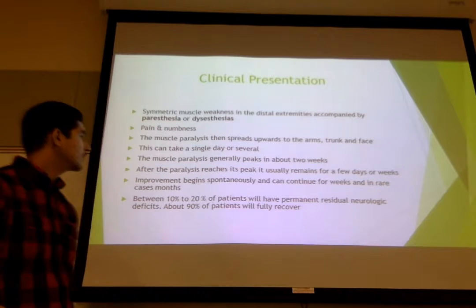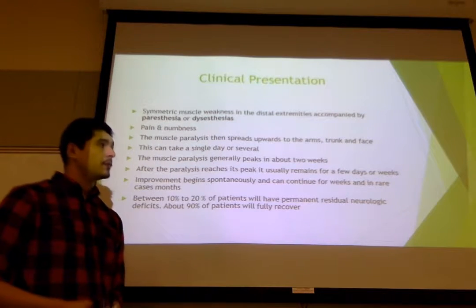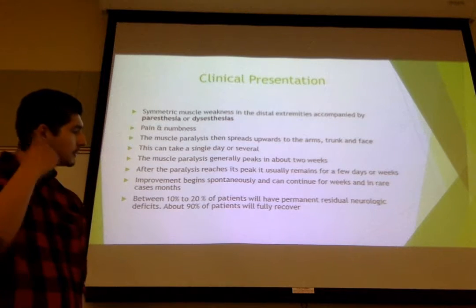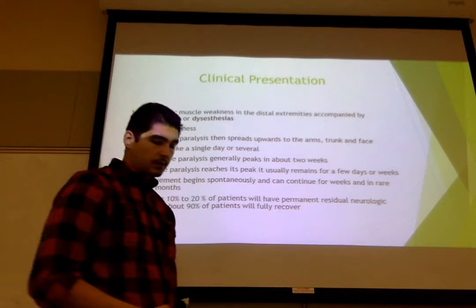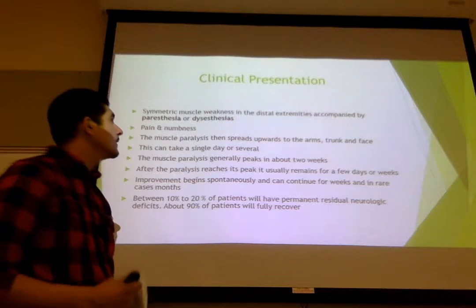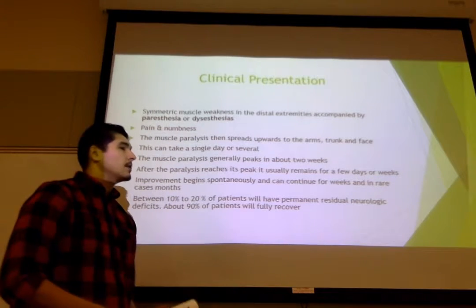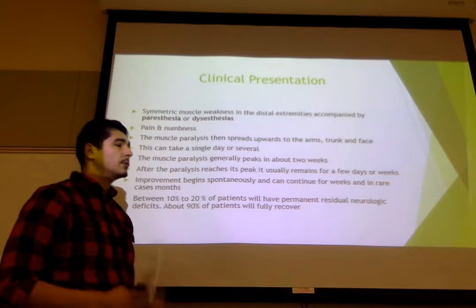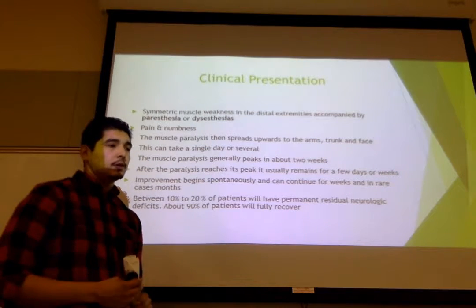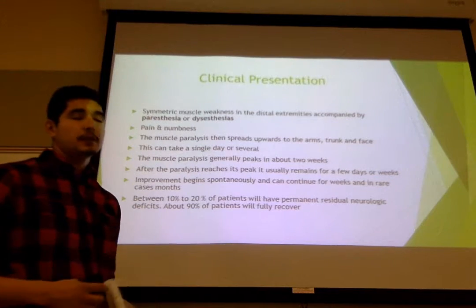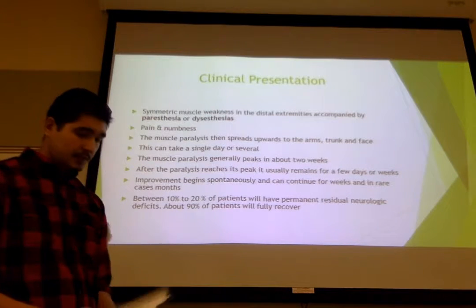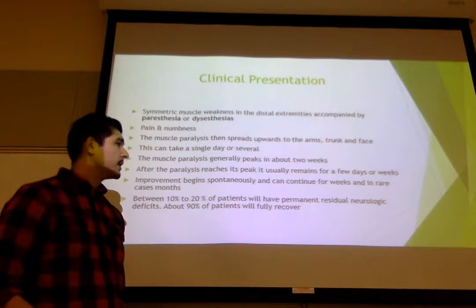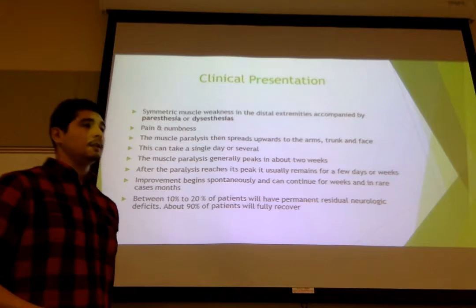In 10 to 20% of patients there will be permanent residual neurological deficits, but about 90% of patients will fully recover. It's also something to note that when a patient starts to recover, usually before the patient's even off the ventilator, physical therapists moving the arms and legs usually begins way before the patient even shows any symptoms of getting better.